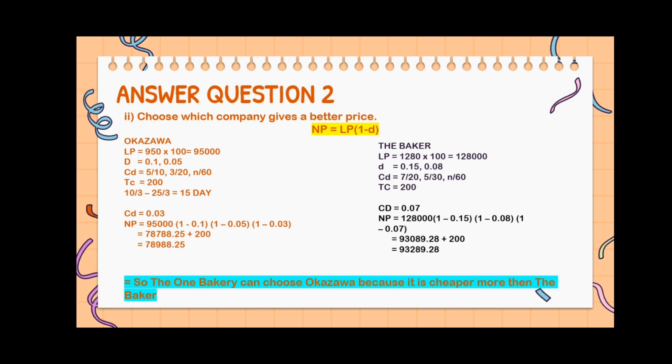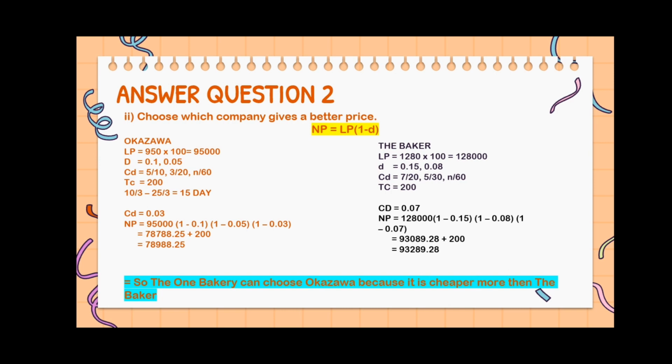We take a calculator and then we get 95000. D is 0.1 and 0.05. CD is 5/10, 3/20, and n/60. DC equals 25 minus 10, so it equals 15 days.